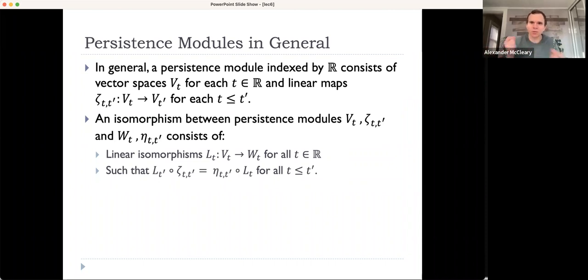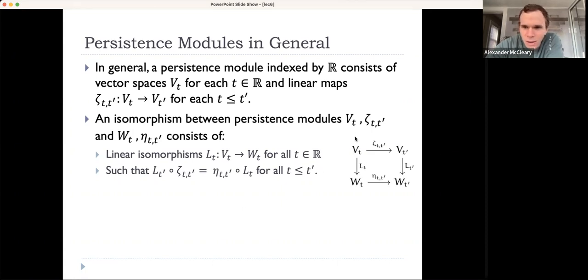We also have maps between them. And so we want this isomorphism of persistence modules to not just say that the vector spaces are the same, but also to tell us that the maps between the vector spaces are in some sense the same. And so for that, we're going to use this condition here.